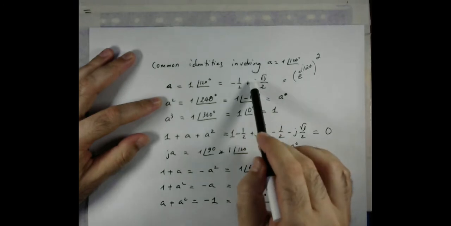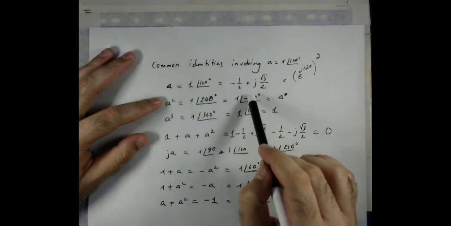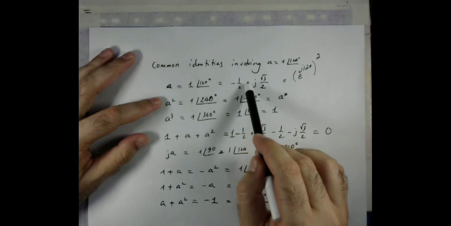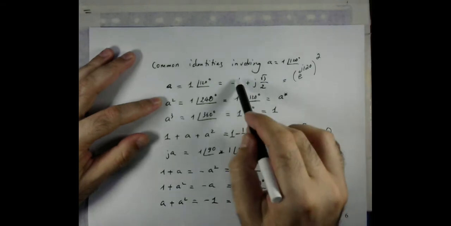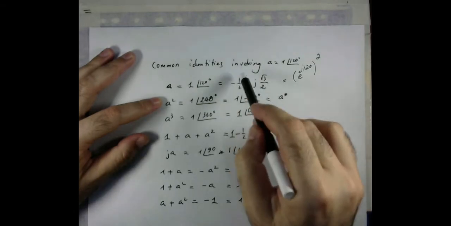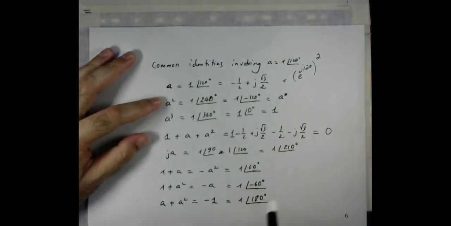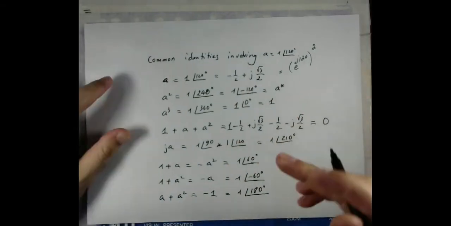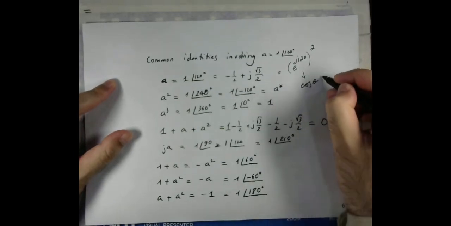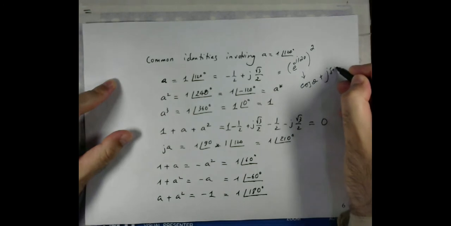When the angle changes to a negative sign, the sine part will also become negative, because this can be written as cos theta plus j sine theta.